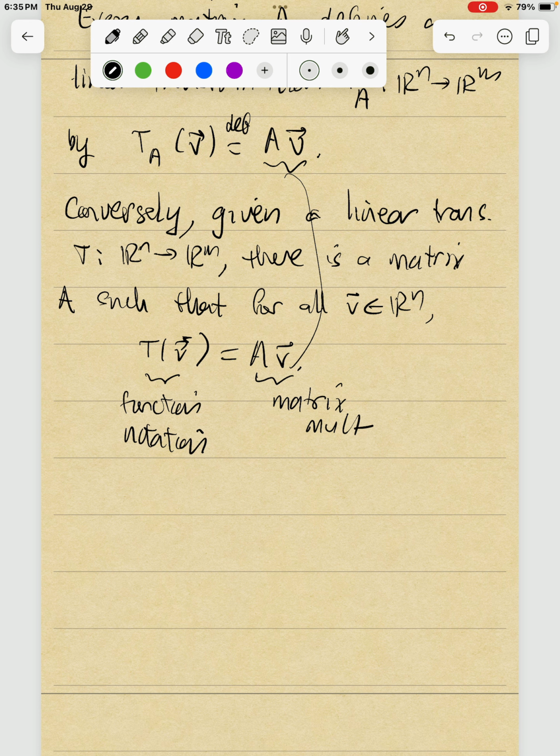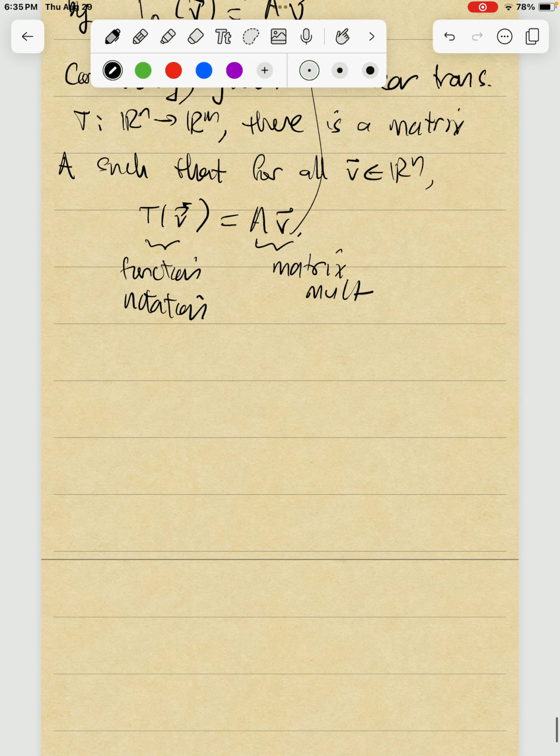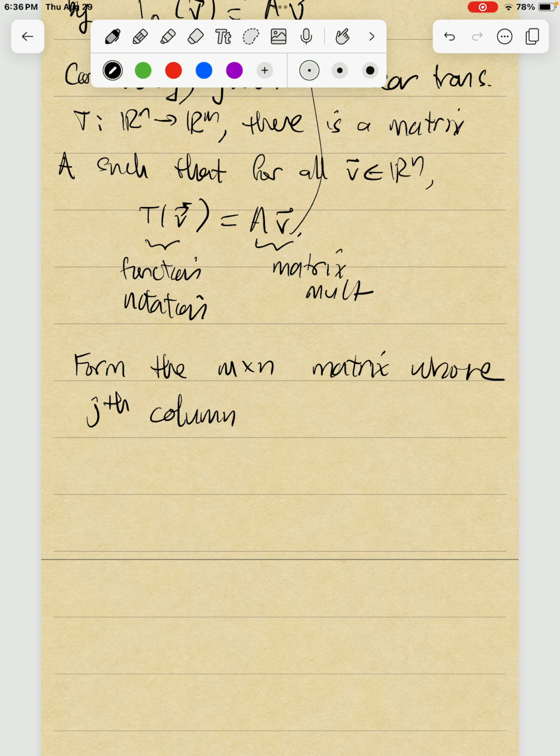And how does that work? How do you get a matrix if you have a function from Rn to Rm that has the linearity property? What you do is form an m by n matrix whose jth column is T of Ej.